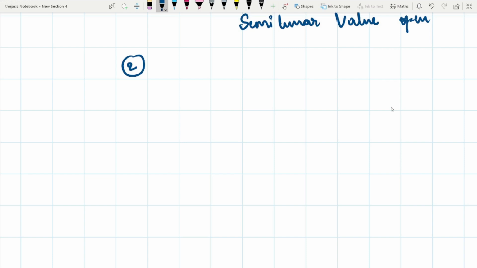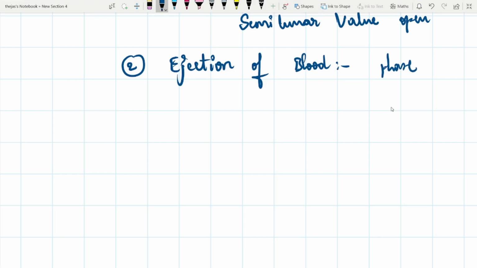Now what happens? There is ejection phase, ejection of blood out of what? Ventricle, left ventricle, ejection phase. So once the semilunar valve opens, then there is ejection of blood.